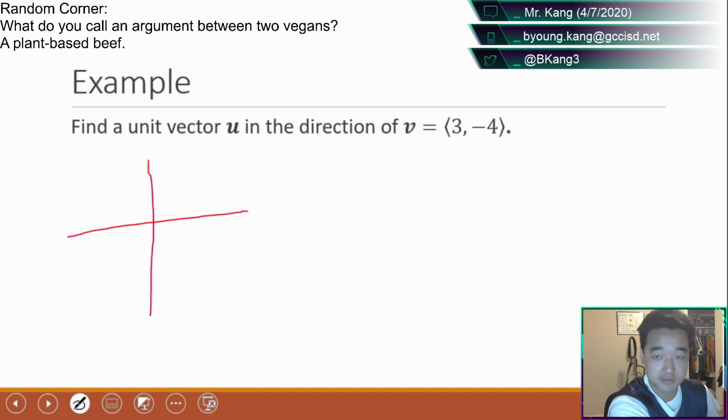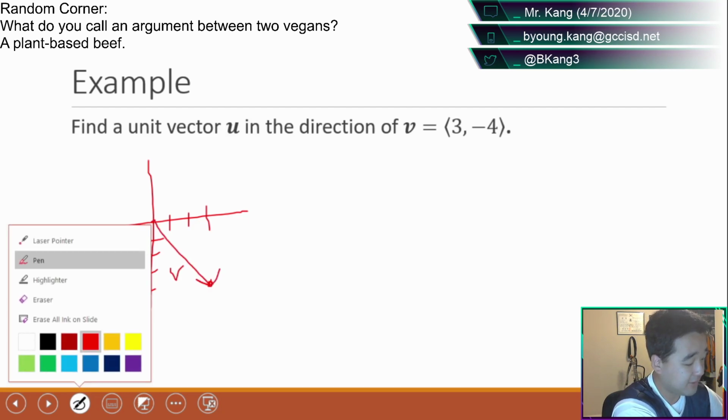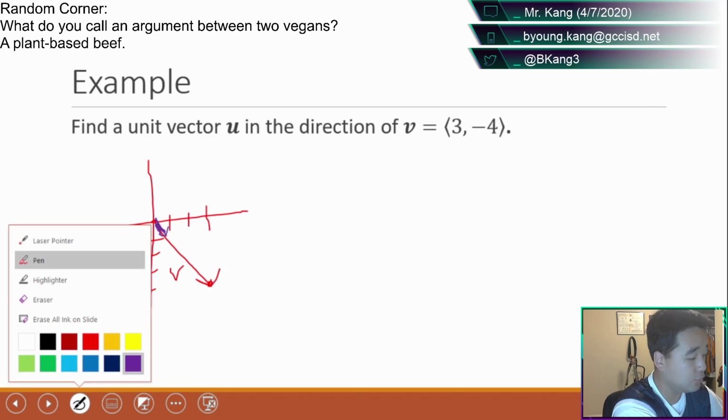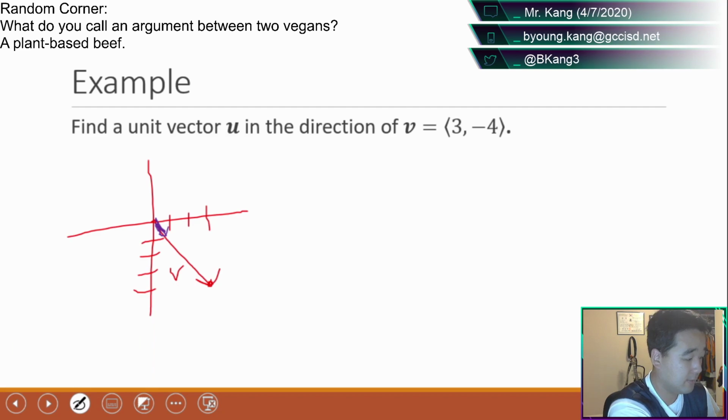So it's a position vector. You have the little pointy parentheses things. So right now it's going over 3, down 4. So there's vector v. I want to find the same vector that only has a magnitude of 1. So I want the unit vector there. Notice how it's facing the exact same direction, but I need to divide by something.